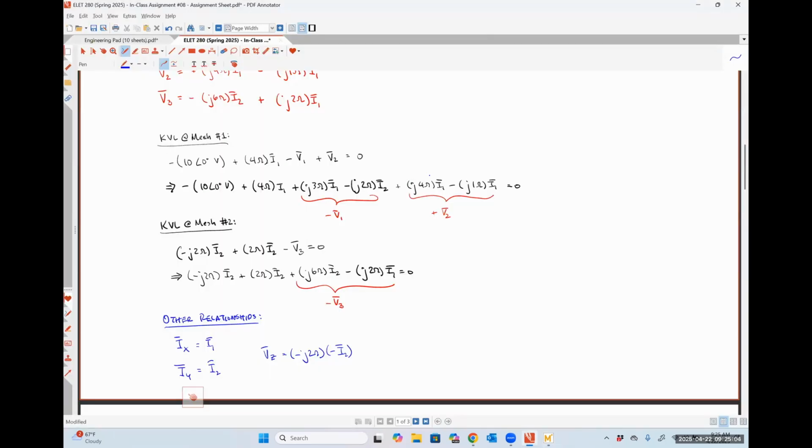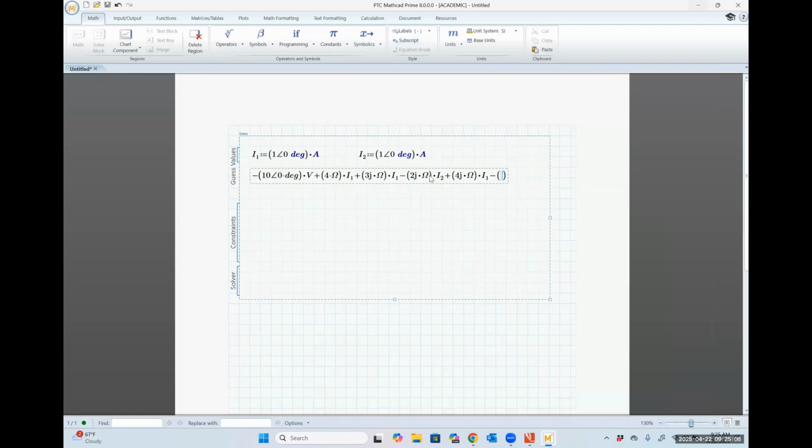And then lastly, minus J1 ohms times I1. Control equals to 0. So that's our first equation.